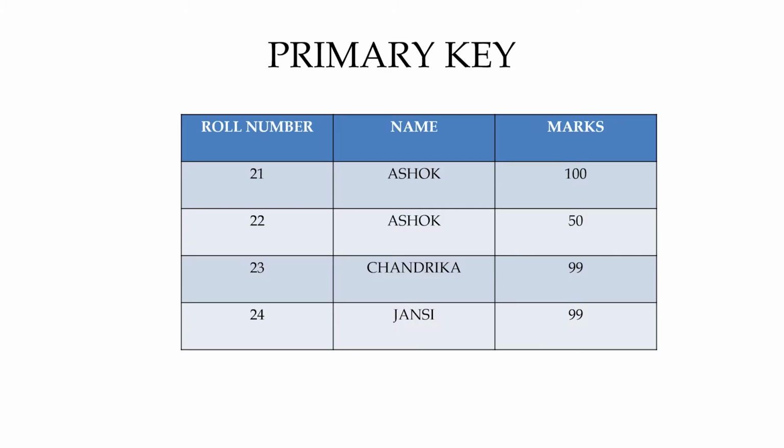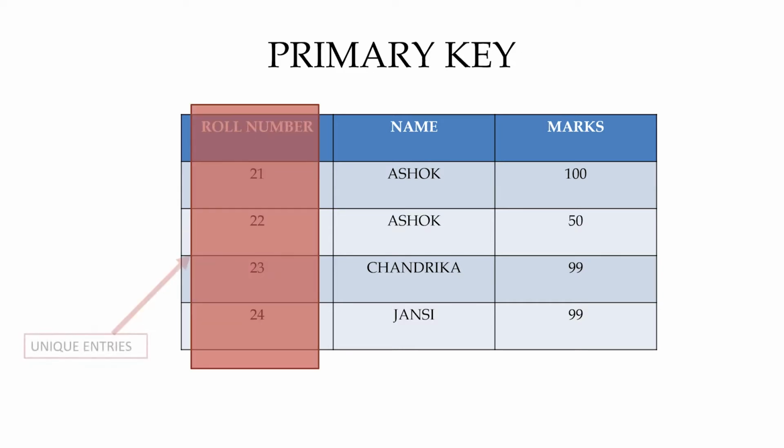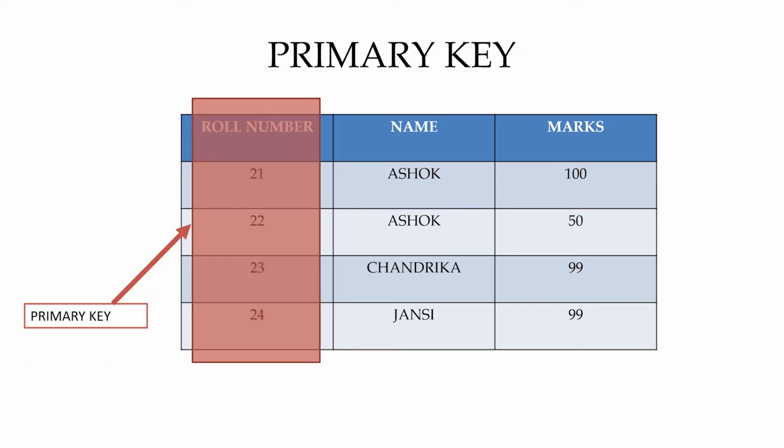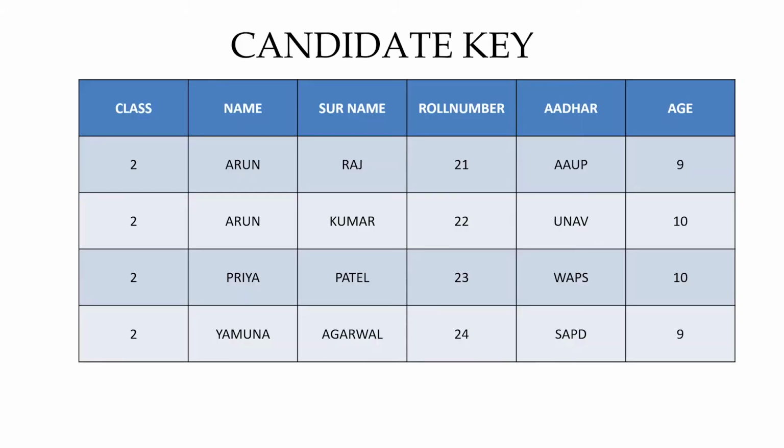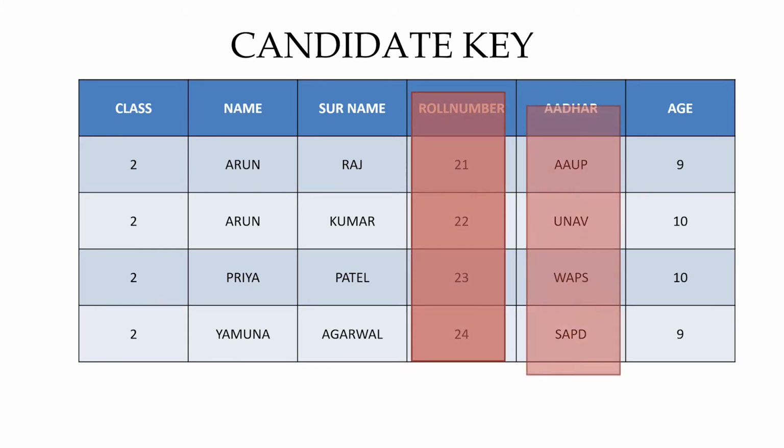In a table, at least one attribute or one column should be able to uniquely identify the relation, and such an attribute is called the primary key. And in a table, there can be more than one column or attribute that uniquely identifies the relation.